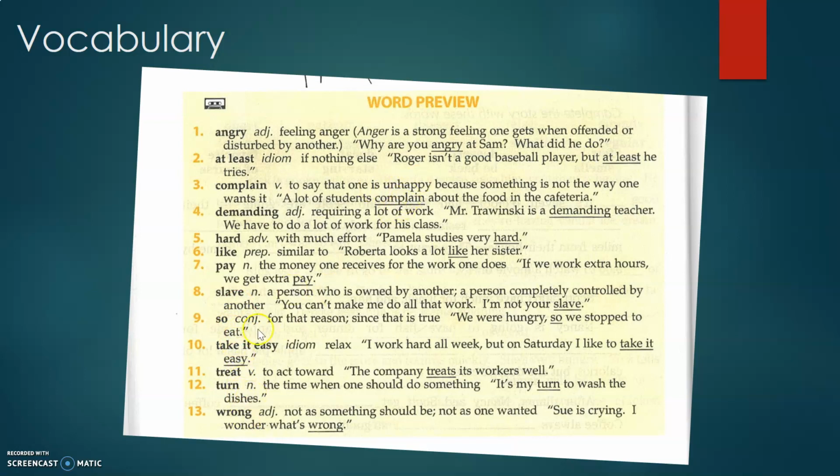So you'll write 13 sentences in your notebooks using these words. One sentence with the word angry, another sentence with the phrase at least, another one with complain, and so on. Please pause the video and start writing sentences in your notebooks.